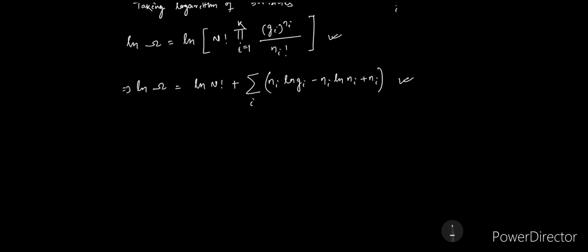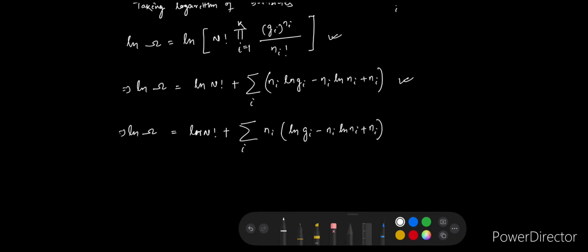Now ln omega is equal to ln n factorial plus summation i, that is i is equal to 1 to k. We need not write that, only simply we can write as summation i. If we take ni common, then it will be ni ln gi minus ni ln ni plus ni. Sorry, if we take ni common, then here it will remain 1.